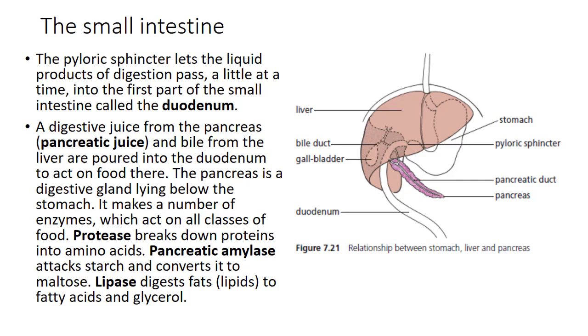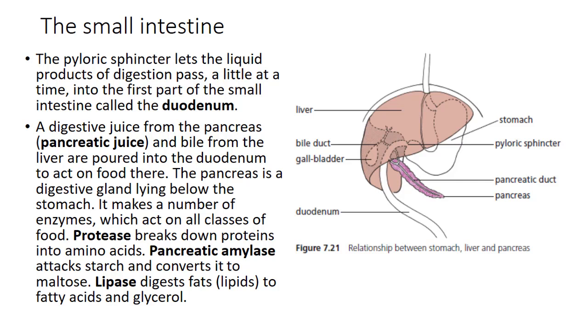It means digestion is close to being completed. Here, digestive juices from assistant organs like the pancreas and the liver are added. The pancreas will add pancreatic juice. The liver will add bile, which is stored in the gallbladder and helps in the digestion of fat.